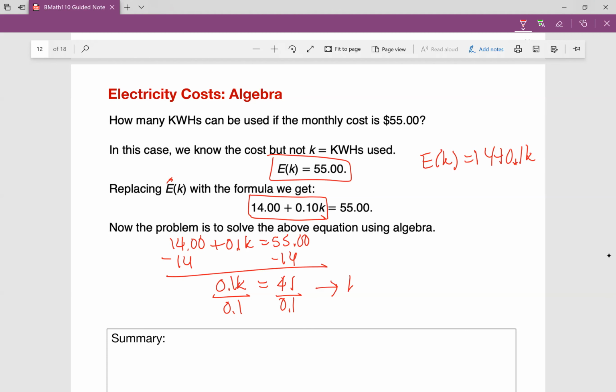Now K will be 410, and the unit has to be kilowatt hours.